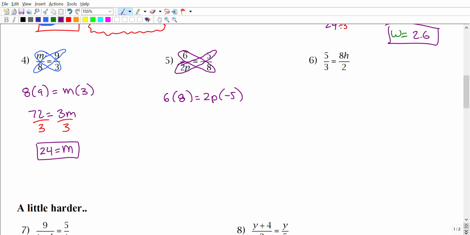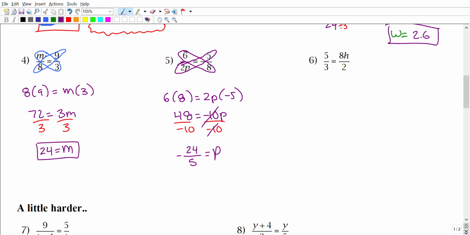All right, let's multiply that out. We get 48 equals negative 10p. We need to get the p by itself. So I'm going to divide. I get p equals, let's see, 48 divided by negative 10. Well, if I reduce that, I believe they have a 2 in common, so I should get 24 over 5.